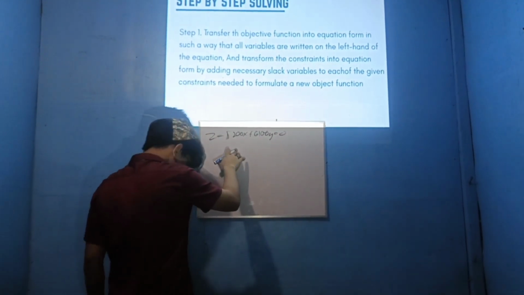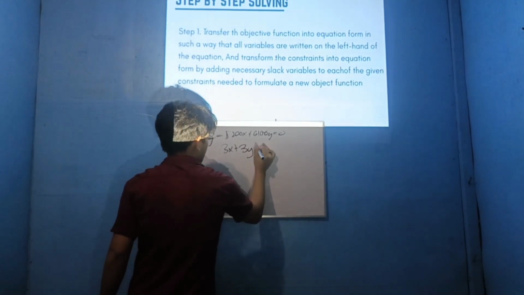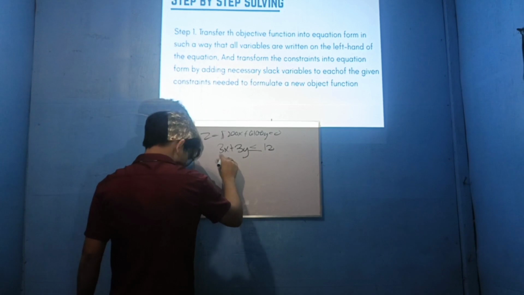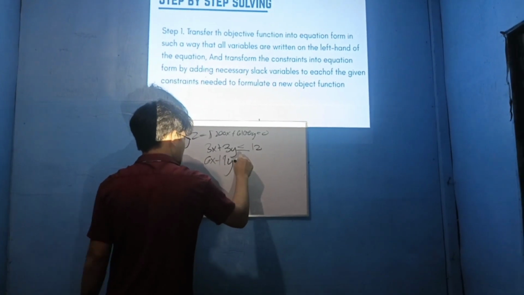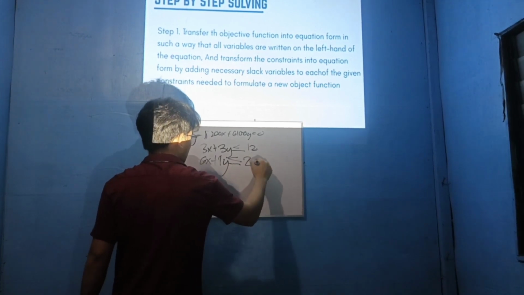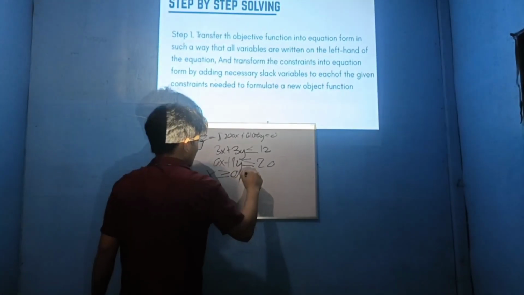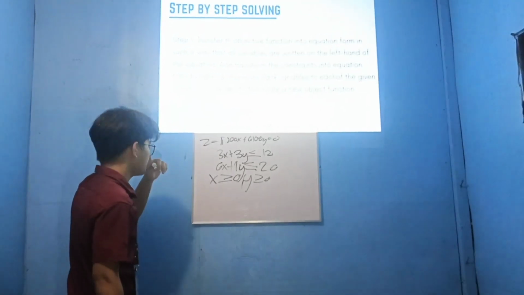And our constraints will be 3x plus 3y is less than 12, and 6x plus 4y is less than 20, and our x and y will be greater than 0, and we need to transfer this into the new objective function.